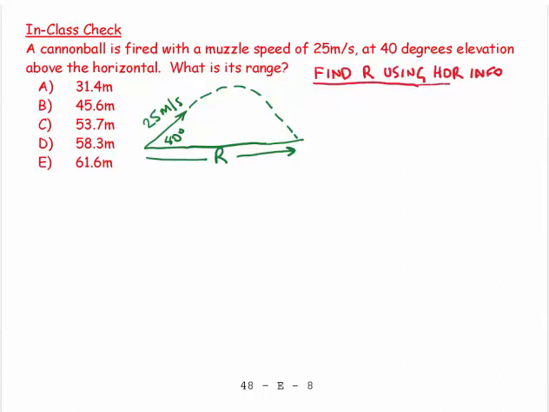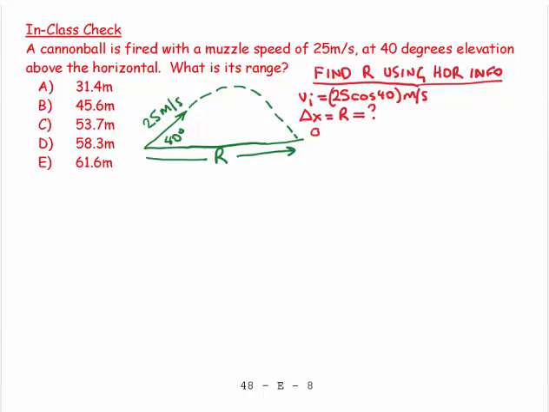Well, I need to make a list. Looking horizontally, I know my VI is equal to 25 cosine 40 meters per second. I know that my delta x is equal to R, but I don't know what that is.